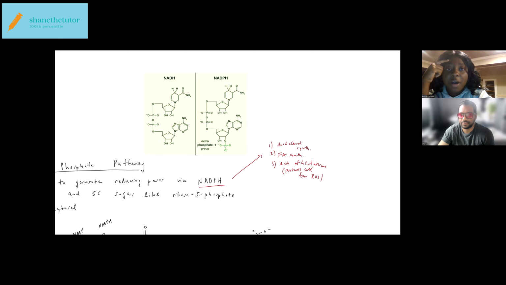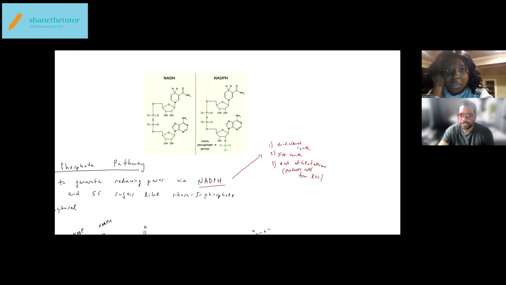Why does the extra phosphate make it preferred for making fatty acids and other things? If that makes sense.